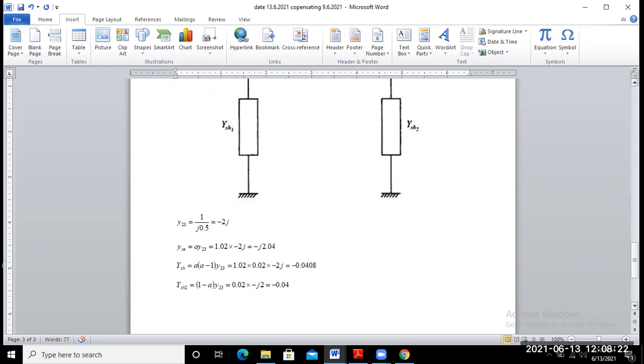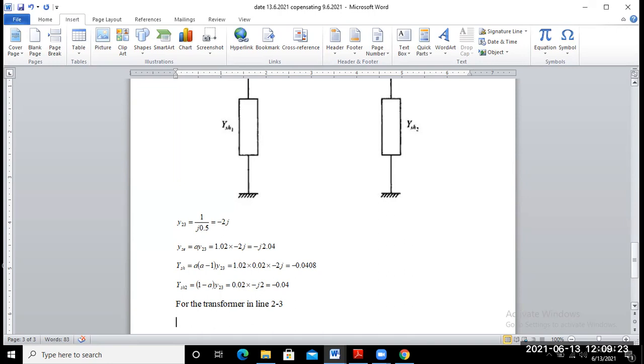So for the transformer in line 2 and 3, Y bus changes. Which elements will change? Y bus 22, Y bus 33, Y bus 23 and Y bus 32.